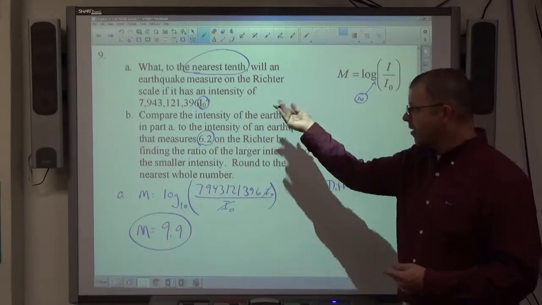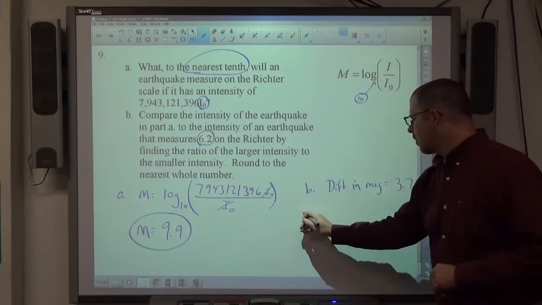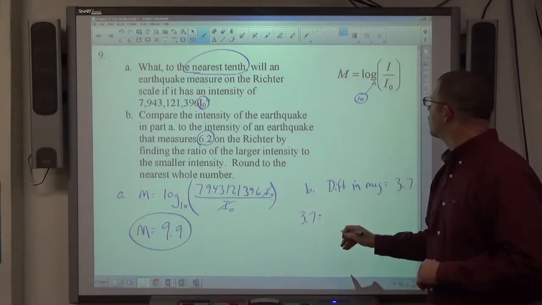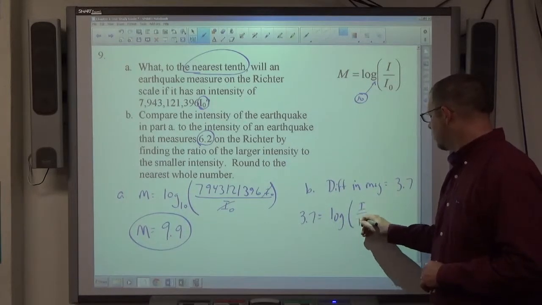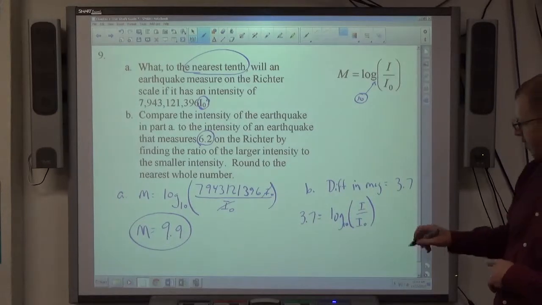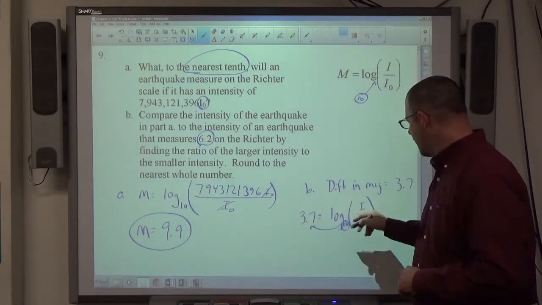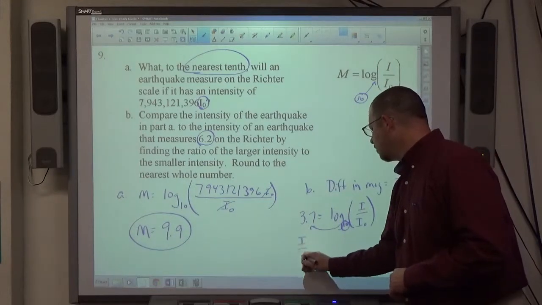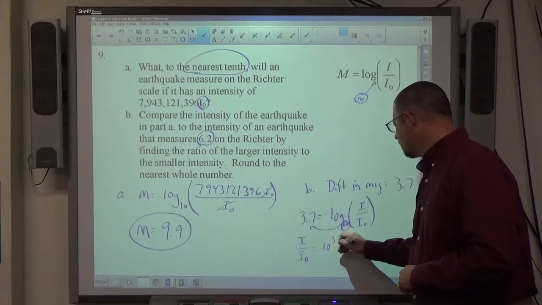Subtract 9.9 minus 6.2 equals 3.7. And then again, using the same formula, I'm going to write 3.7 is equal to log of I over I sub 0. And again, that's base 10. Which means if I change this logarithmic to exponential form, 10 to that power is equal to that. So I over I sub 0 is equal to 10 to the 3.7 power.